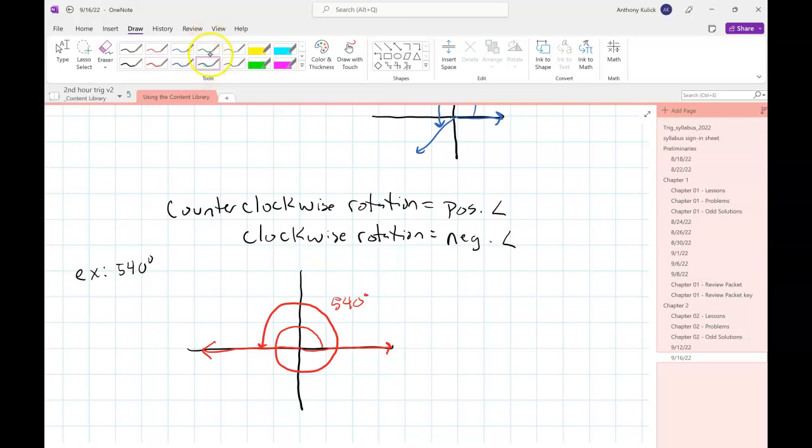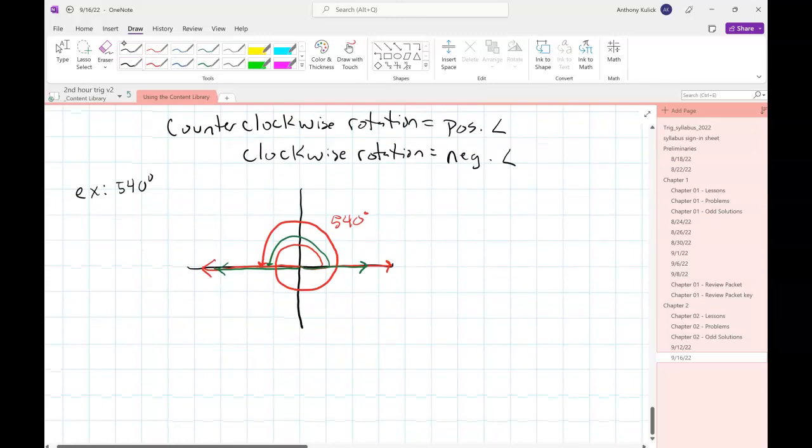Now, I want to point out something else to you. In doing this, what if I wanted to graph a 180 degree angle on the same axes here? So again, initial side, 180 degrees, terminal side. What do you notice about the 540 angle and the 180 degree angle? The initial side and the terminal side are in the exact same locations. Everybody see that?